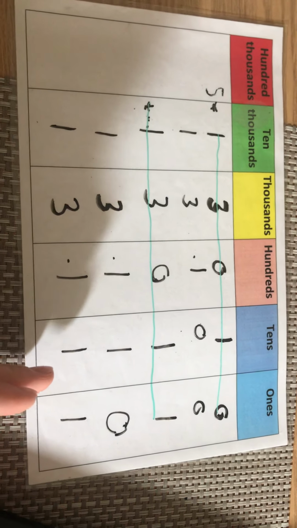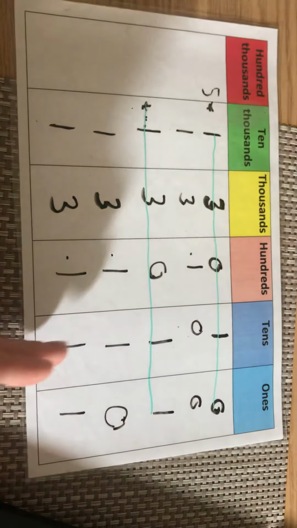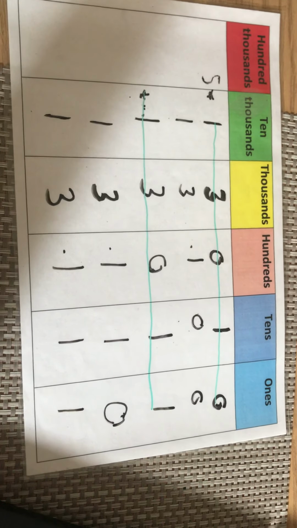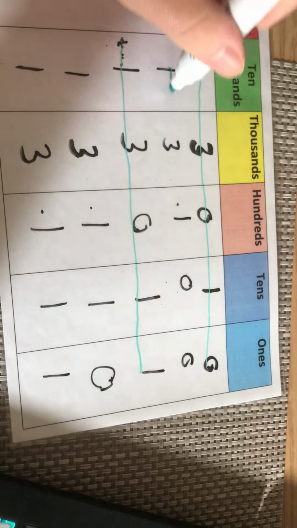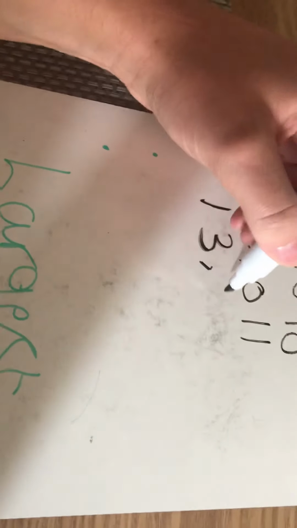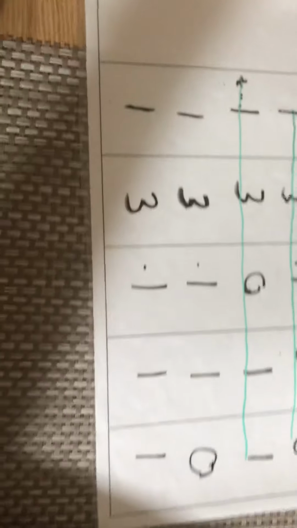The tens. One of these numbers hasn't got as many tens. Which one hasn't got as many tens? That's right, it's this second one. 13,100. So my next smallest number is 13,100. I'm left with the 2 at the bottom.